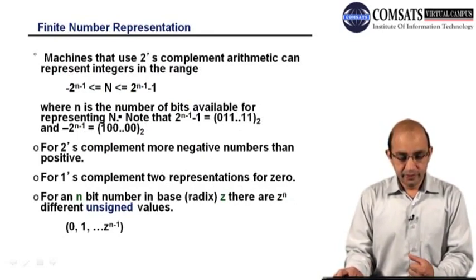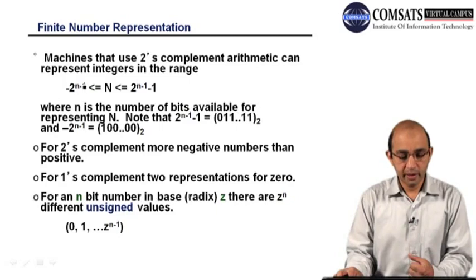These are the ranges. If we have a number with n bits, then we can represent 2 raised to power n minus 1 with positive sign, and 2 raised to power n minus 1 with negative sign. So this is the range.